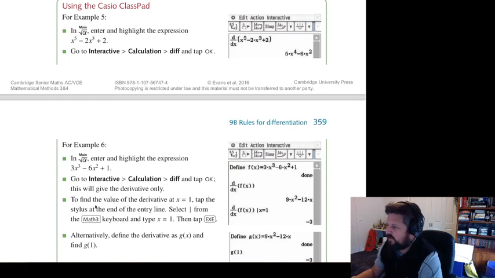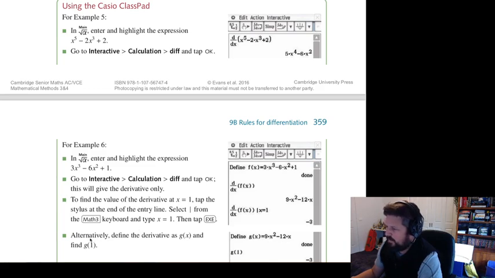Yep. It says to find the value of the derivative at, for example, x equals 1. It says tap the stylus at the end of the entry line. So you can go at the end here, select the bar from the Maths 3 keyboard, and then go x equals 1, and it will spit out what the value of the derivative is when x equals 1.